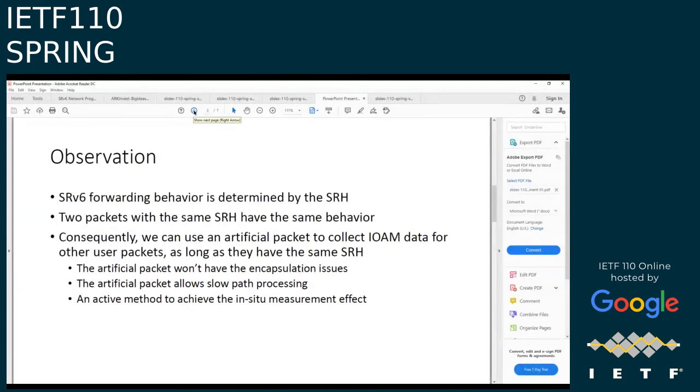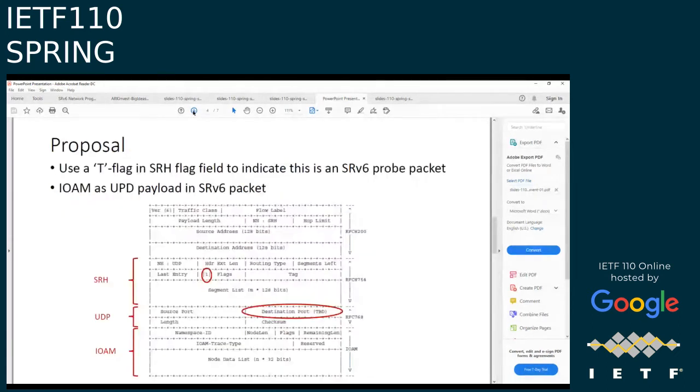You can also see that this probe packet can be considered an active method, but it achieves the in situ measurement effect as well. Next slide. The proposal is very simple. We can claim a flag bit from the SRH flags field, which we call the T flag.